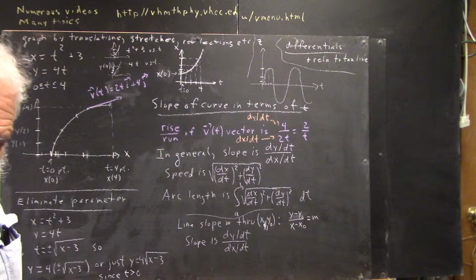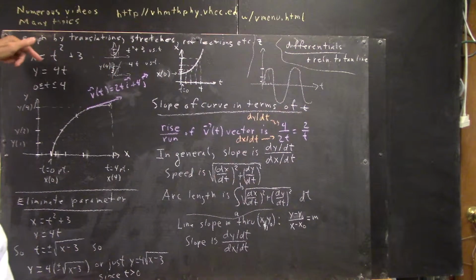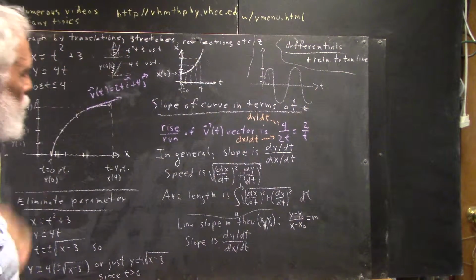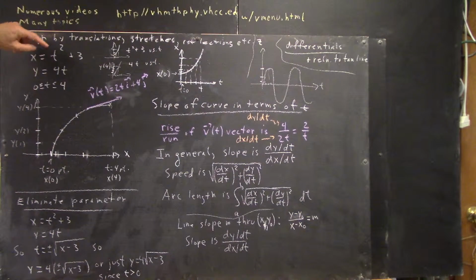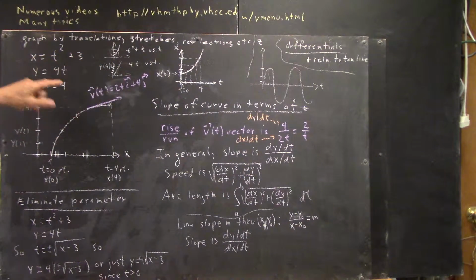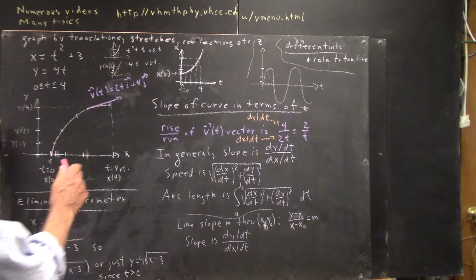So if you create the vector v of t equals the derivative of x with respect to t times i plus the derivative of y with respect to t times j, those derivatives would be what? Just 2t, so 2t i, and the derivative of 4t is just 4, so it would be 4j. That's what you have.